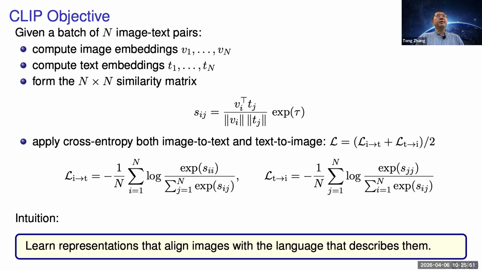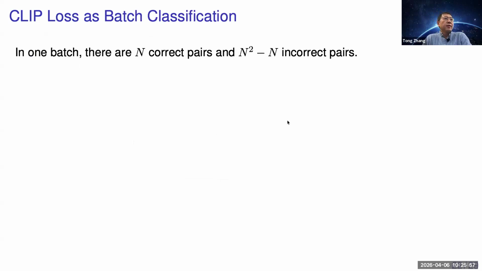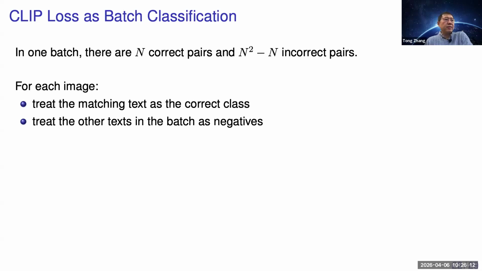There is not too much to say about this. It's basically classification. You can think of correct pairs and incorrect pairs: for each image, you treat the matching text as correct and other texts as incorrect.